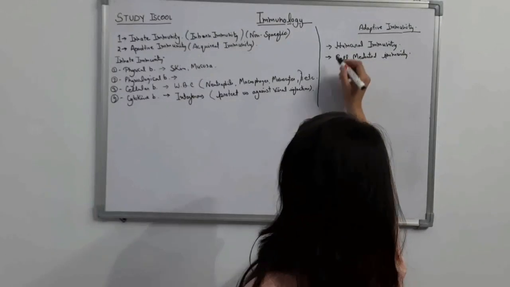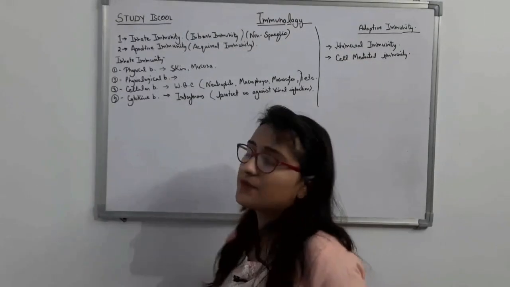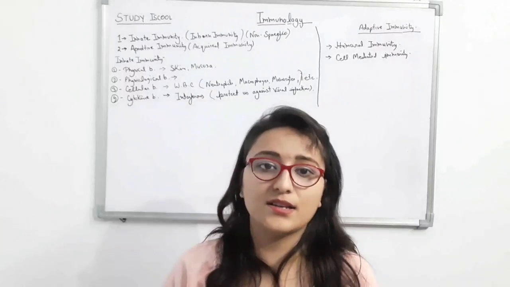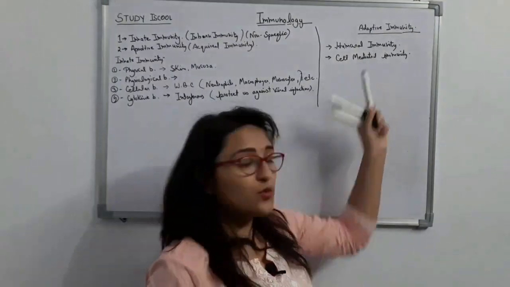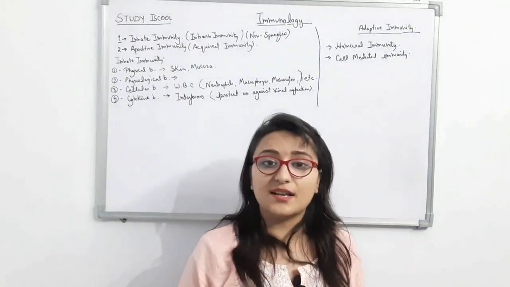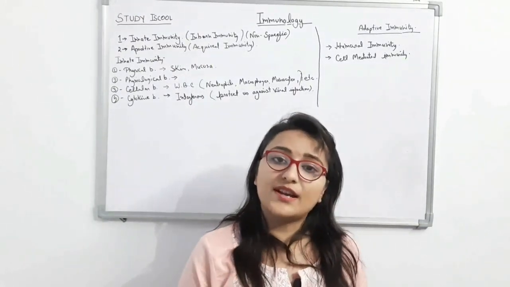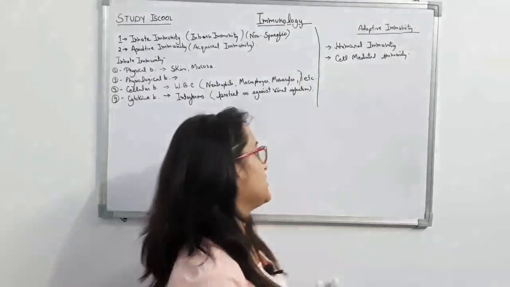So what is humoral immunity? The basic difference between humoral immunity and cell-mediated immunity is that humoral immunity is basically B cell immunity. B lymphocytes are involved in humoral immunity.